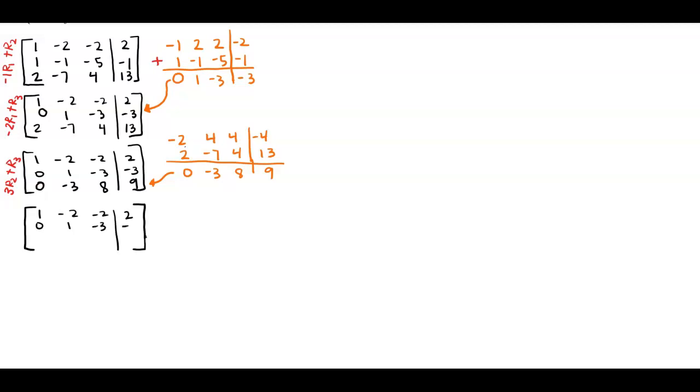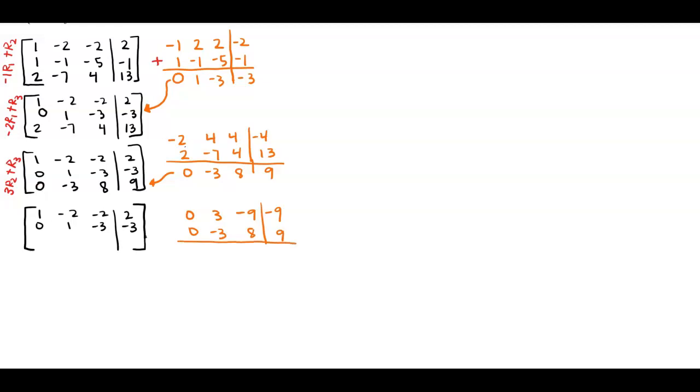So let's write out the other rows. Nothing changed on those. All right, but when I do a little side work here, 3 times 0 is 0. 3 times 1 is 3. 3 times -3 is -9. And then also another -9. And then I'm going to add it to row 3, which is 0, -3, 8, and 9.